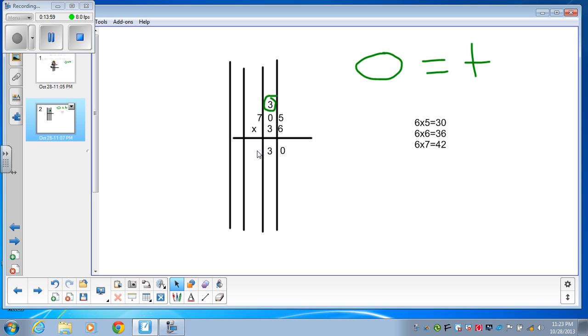What number do I put here in 42? Good, the 2, and then I carry the 4. There's no other number because it's a 3-digit number, so I need to, yes, bring down the 4. Beautiful. All right, am I done? No. Why am I not done?